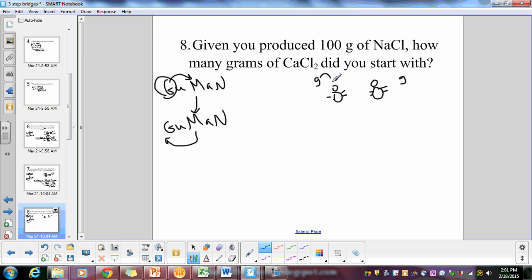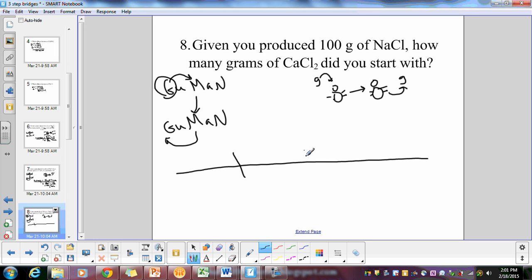Right? Grams of one to moles, moles to moles, moles to grams. Either way, I'm going 1, 2, 3 steps. So my bridge has to have 3 vertical lines.